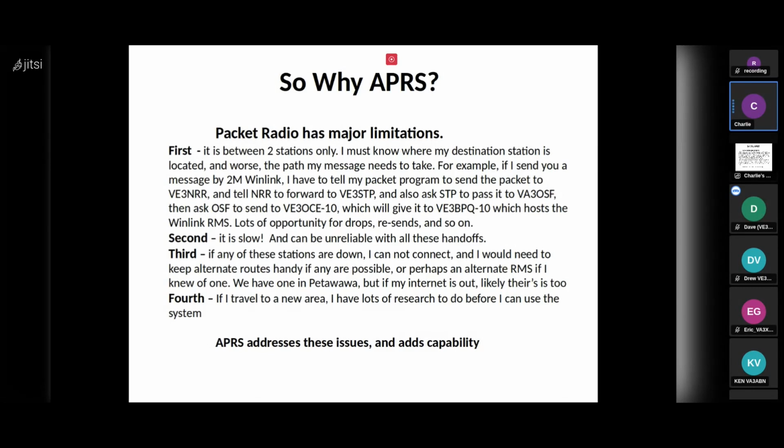So, for instance, if I were to send you a message by 2-meter Winlink from here in Pembroke, I would send my packet to VE3NRR, which is a repeater that I can almost see from my house, and tell NRR to forward it to STP, and then also ask STP to pass it to VA3OSF, then ask OSF to hand it off to OCE10, which would give it to BBQ10, which actually hosts the Winlink RMS.